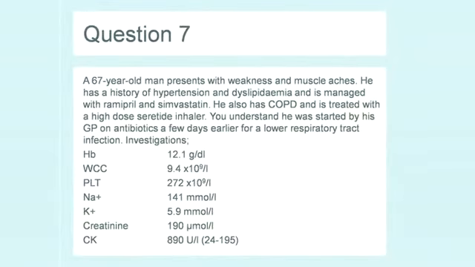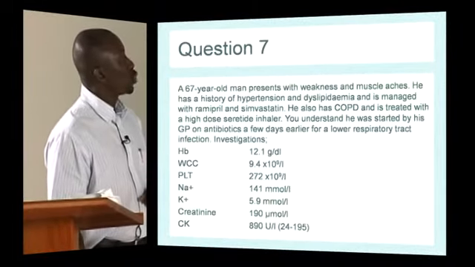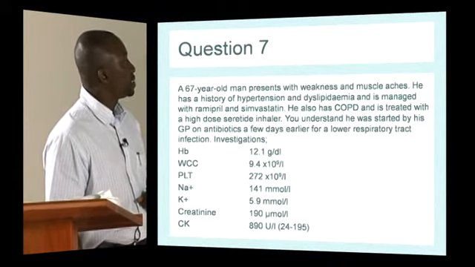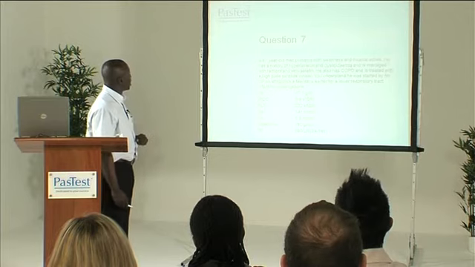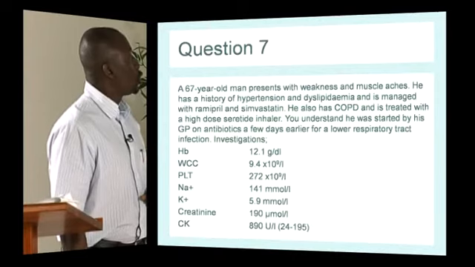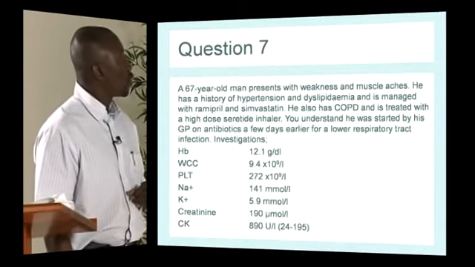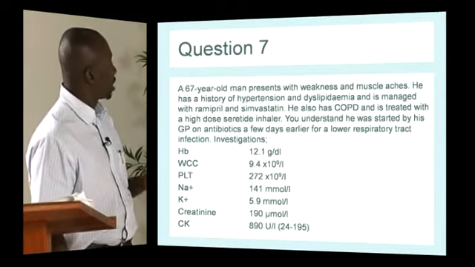Let's consider the next question. A 67-year-old man presents with weakness and muscle aches. He has a history of hypertension and dyslipidemia and is managed on ramipril and simvastatin. He also has COPD and is treated with high-dose seretide inhalers. You understand that he was started by his GP on antibiotics a few days earlier for a lower respiratory tract infection, and he has the following biochemistry and full blood count.